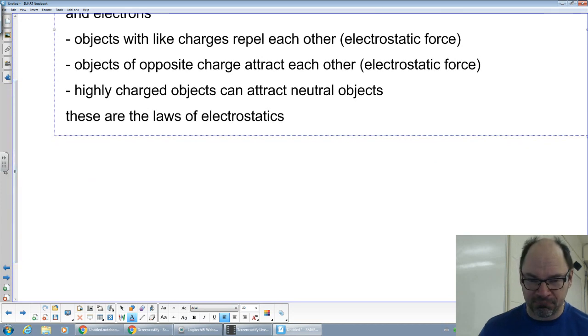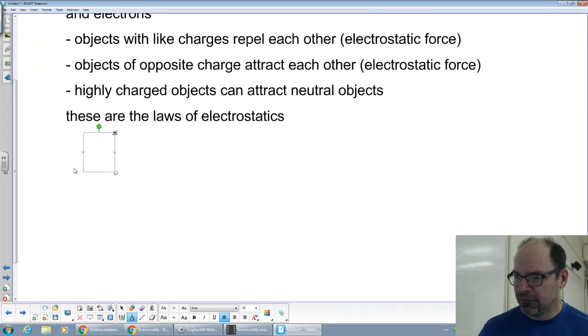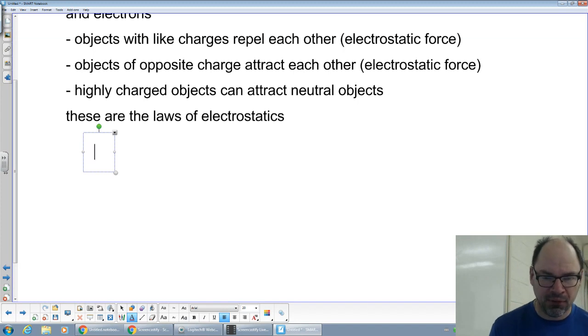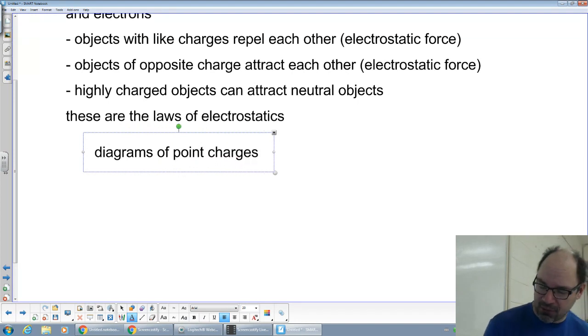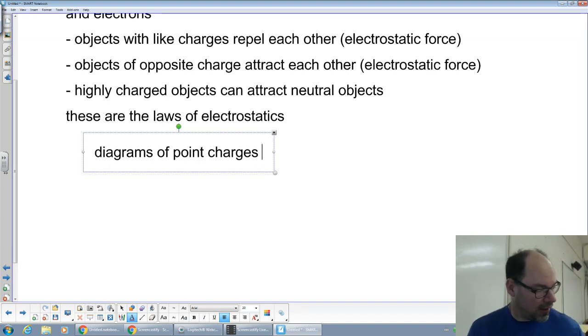So what we want to look at today is some diagrams of point charges we'll start with. Let's get our marker out here. Let's say we have two opposite charges, so they attract each other.